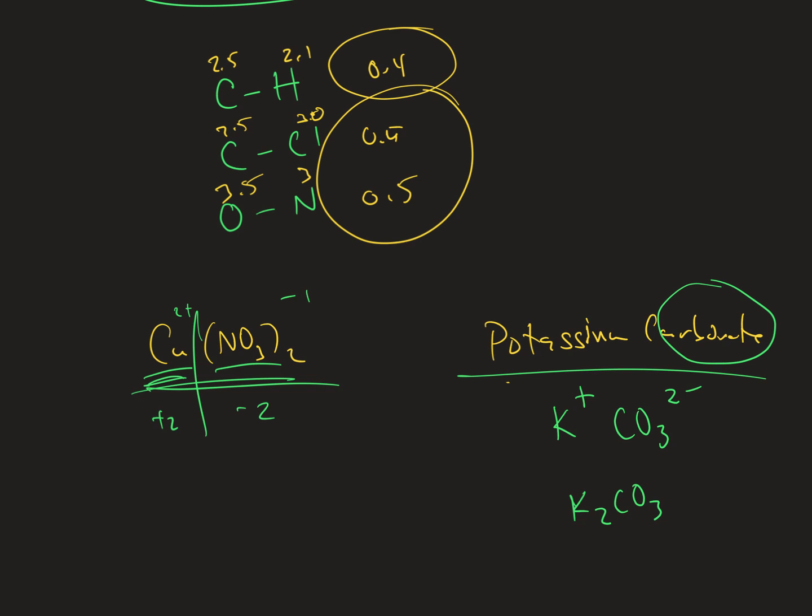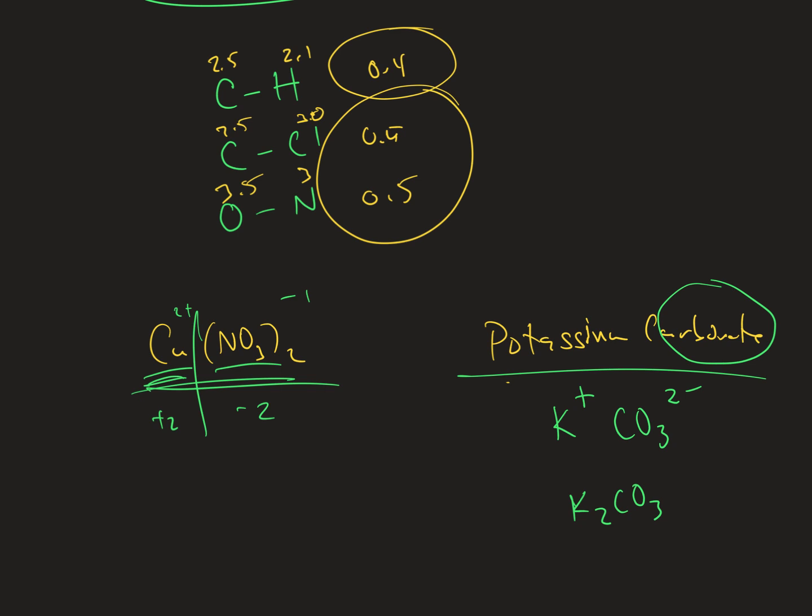13 says, know how to name covalent compounds. So covalent compounds are just like naming binary ionic compounds, ones with main group elements, right? We name the first one as the element name. The second one, change the ending to IDE. What else do we use for covalent that we do not use for ionic? Prefixes.